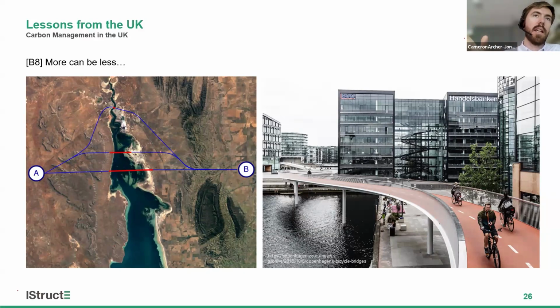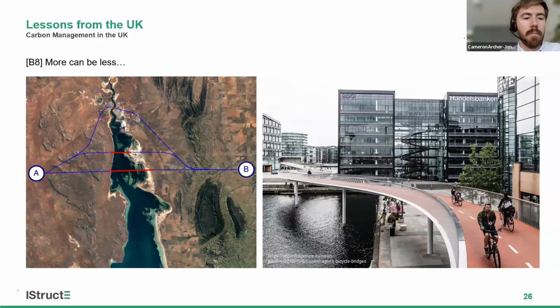Here, I think it's important to caveat that industry has its own targets and its own trajectory to decarbonize, and also the structural engineer has much less influence, but not no influence. We still have some influence in how this can be set out. The example on the left tries to show that. So if you're trying to get from A to B, when you're planning the route itself, you do have options.